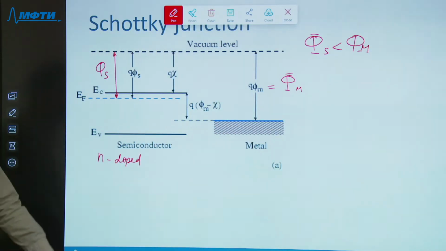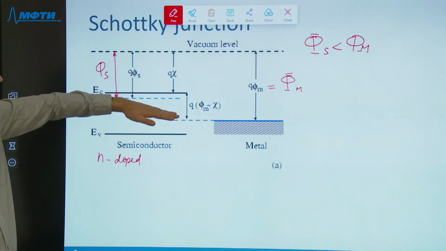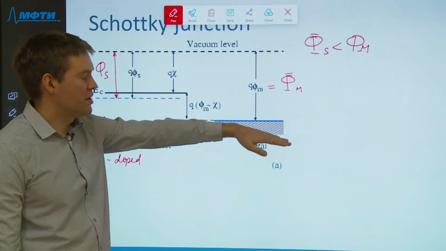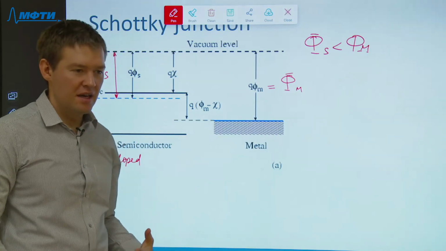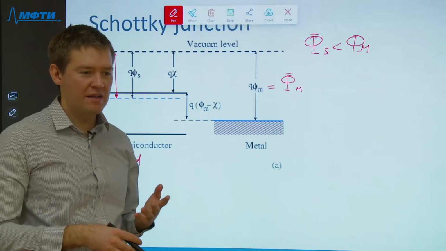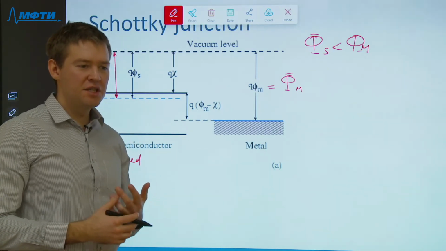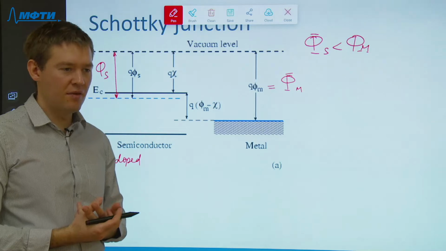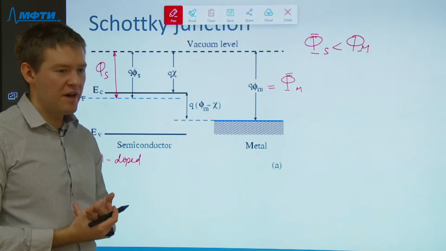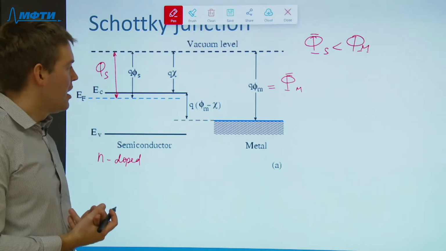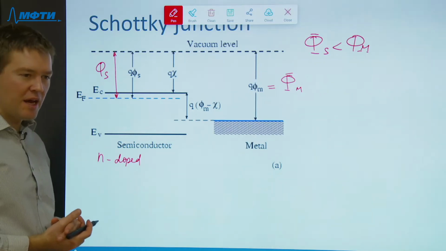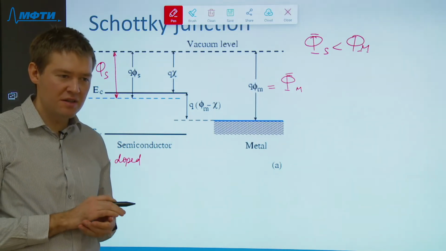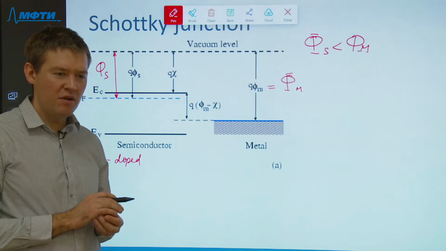N-doped semiconductors have smaller in modulus work function than the work function of metals. It may seem as if metals are deeper potential wells for electrons compared to n-doped semiconductors. Which physical phenomena would happen when we bring these two in contact? Do you have any opinions?